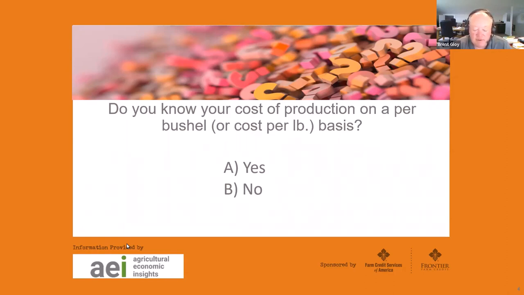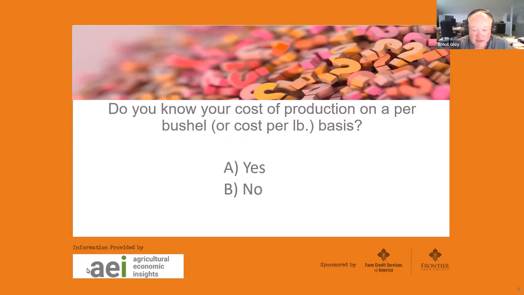One of the reasons is that cost of production on a per bushel basis can be difficult to know because we don't really know what our production is until after harvest. I would guess a lot of people who say no, they don't know it, are sitting there going, well, how can I know my cost of production per bushel when I haven't harvested my crops? And this year, I really don't have a great idea of what those crops are going to make.